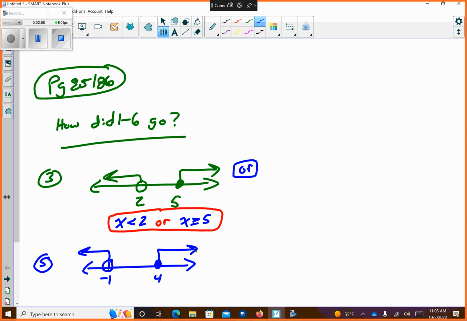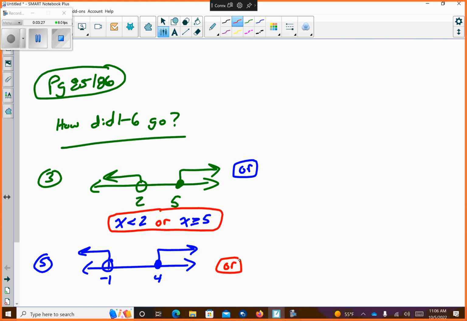So, friends, what we know on number 3, what can you guarantee the type of problem that number 5 is? Or, I agree. So, being that's an or problem, what's going to be in the answer? There's no overlap, so we know it's an or. But what can you guarantee is going to be the answer?